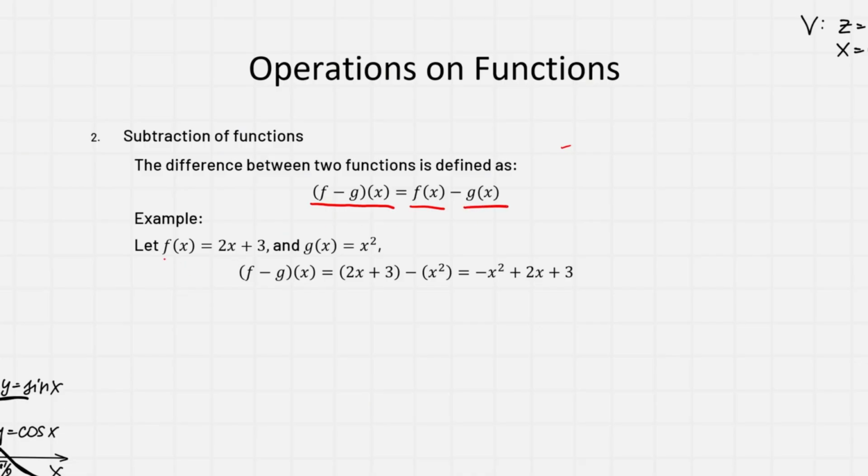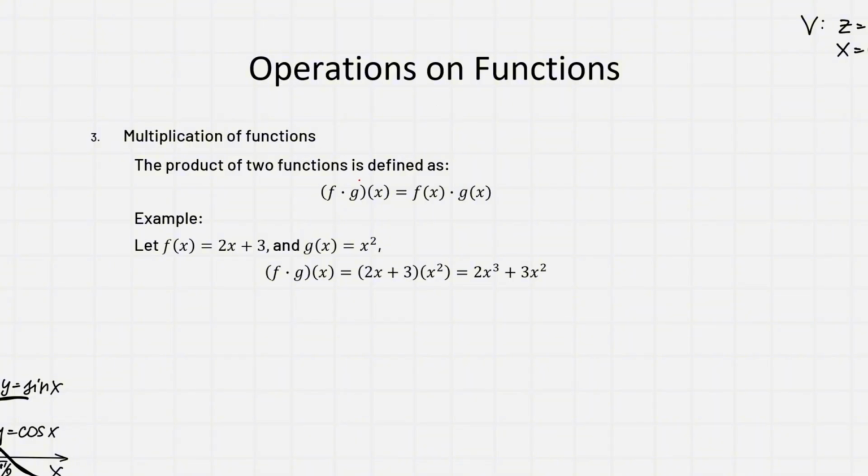Example again, we have f of x equals 2x plus 3 and g of x equals x squared. To get f minus g of x, we have 2x plus 3 minus x squared, and the answer will be negative x squared plus 2x plus 3. It is simple, just doing the operation of addition and subtraction.